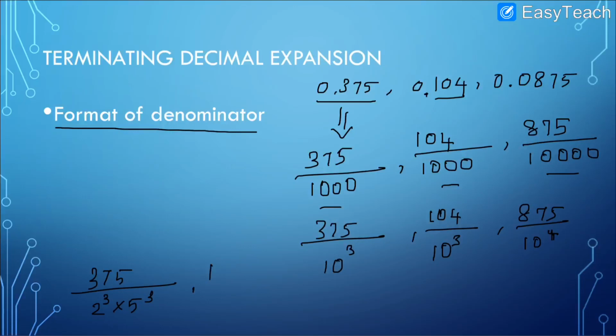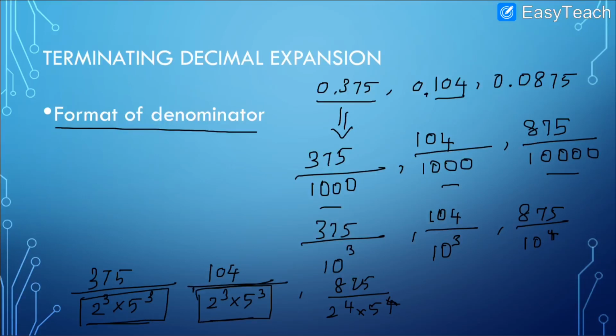This is also correct, right? Next, here 2 to the power 3, 5 to the power 3, and here 875 divided by 2 to the power 4, 5 to the power 4. You can see all the denominators are in the format 2 raised to power n, 5 raised to power m.